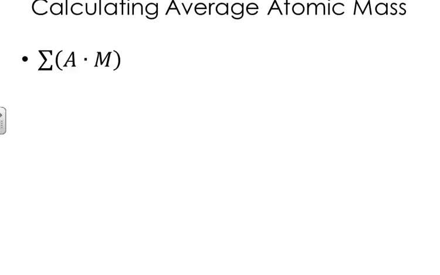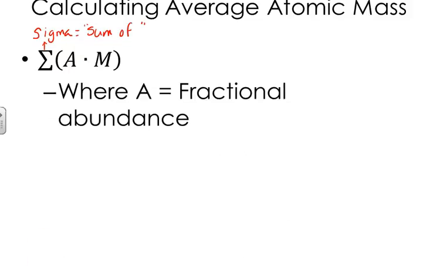So calculating an average atomic mass, we end up with this ugly-looking little equation. The sigma is what this symbol is, and that means the sum of. So when you see this symbol, it means the sum of A times M. Now we need to know what A and M represent.